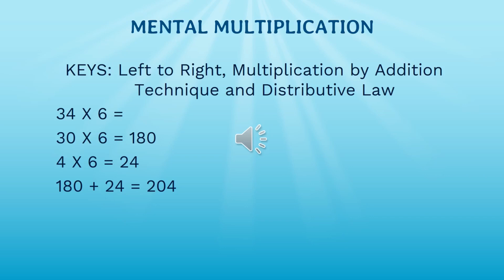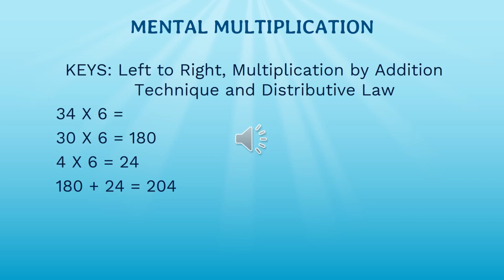It's 34 times 6. The larger factor 34 can be decomposed or expanded into 30 plus 4, and with that I can distribute the other factor, 6, to 30 and 4. So here I have a new number sentence: 30 times 6 plus 4 times 6.